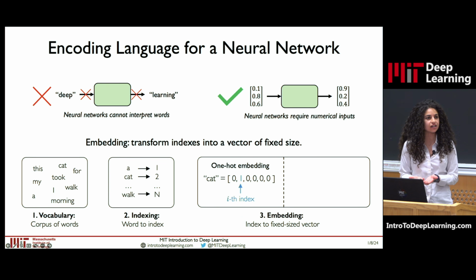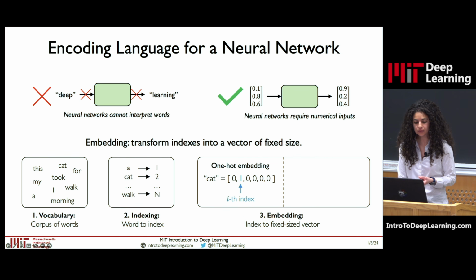This is what we call a one-hot embedding or a one-hot encoding. It's a very simple but very powerful way to represent language in a numerical form such that we can operate on it with a neural network.